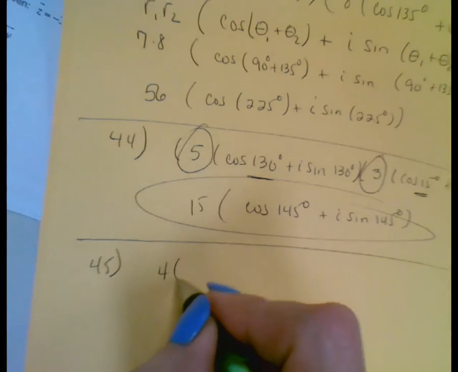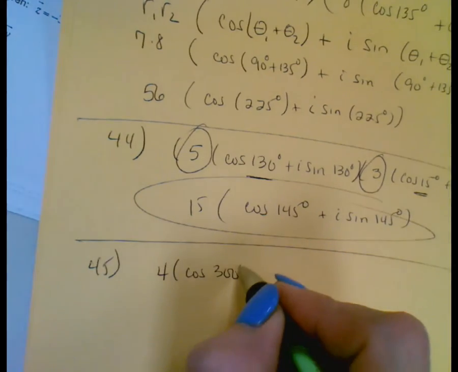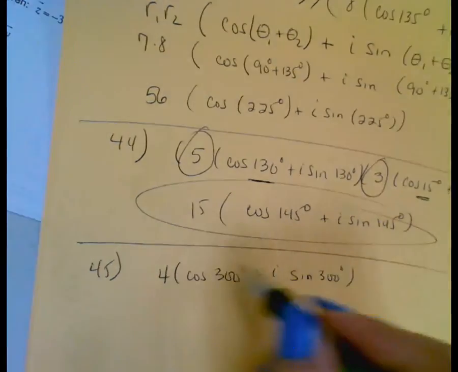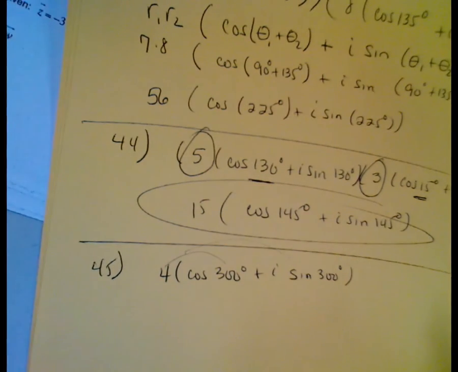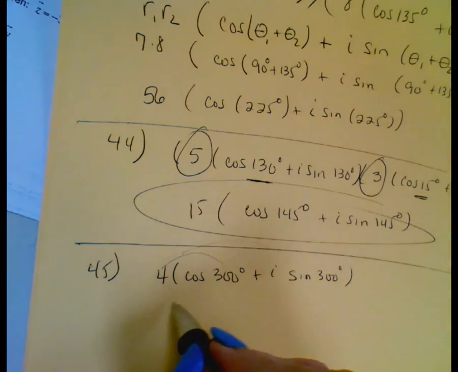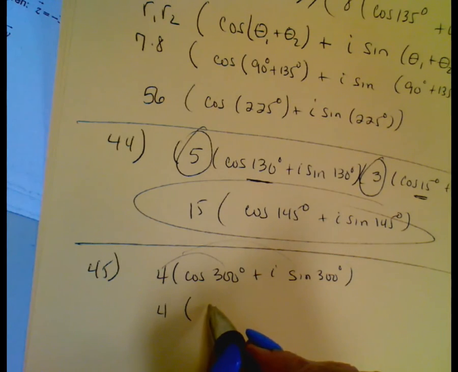45 is 4 cosine of 300 plus i sine 300. Now you could just distribute this and do it right on your calculator, but if I want exact values, it says calculate the value of each of the following, write the product in polar form. Alright, well, cosine of 300 is 1/2.